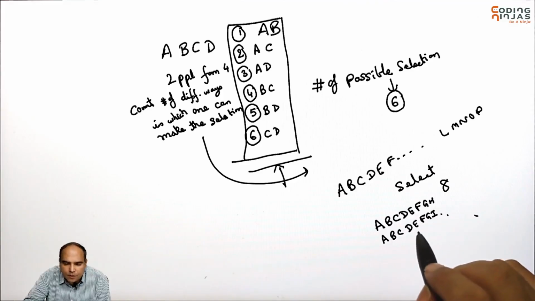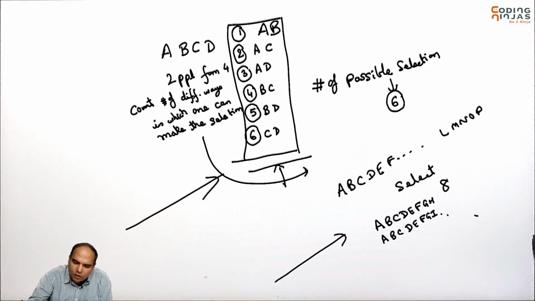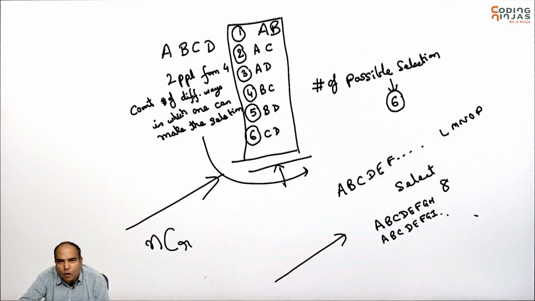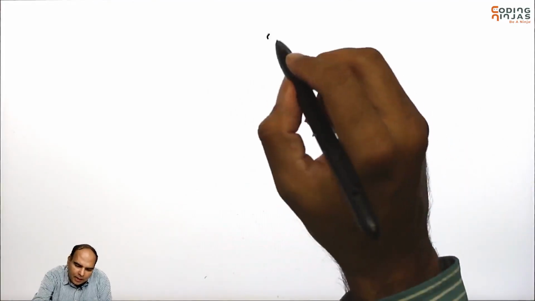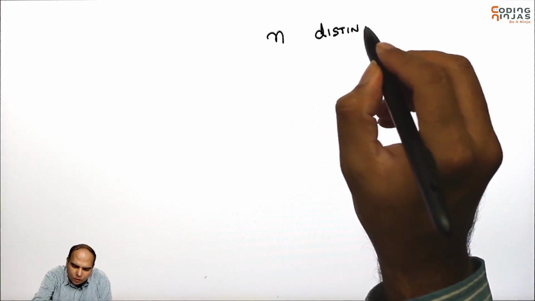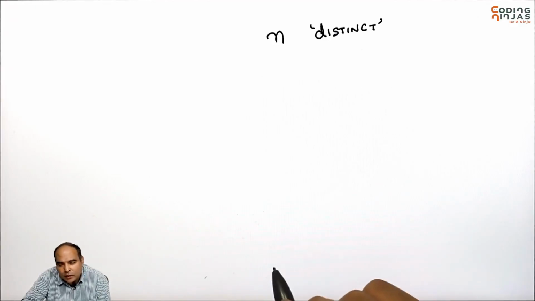And hence, in order to handle this situation or that situation, you need the nCr formula, the formula for combinations, which is also the formula for selections. What this formula tells us is that if I have n distinct, and this is an important word, please note this, because if I don't use distinct, then the question might change, as I'll come to in a little while.